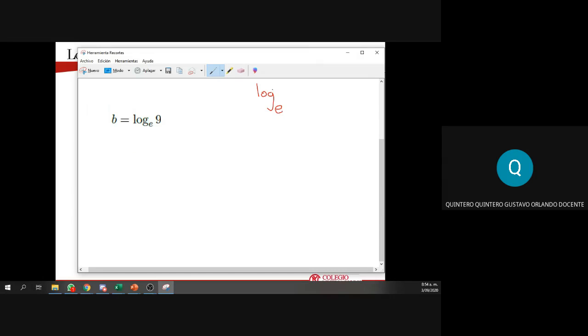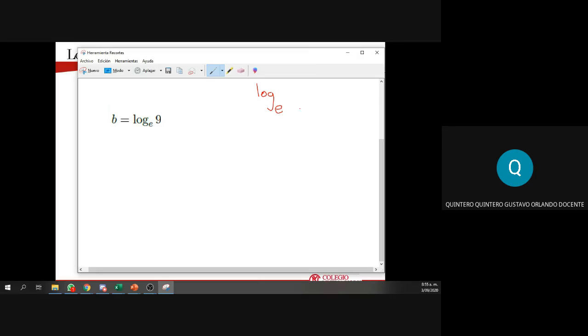whenever we find this log e, log to the base e, this in mathematics is a special type of logarithm for us mathematicians. This is the one kid that we love. We have a lot of kids, but this one we love.